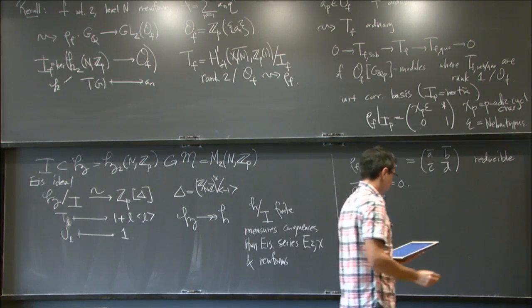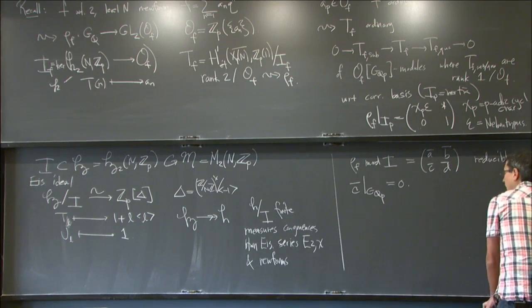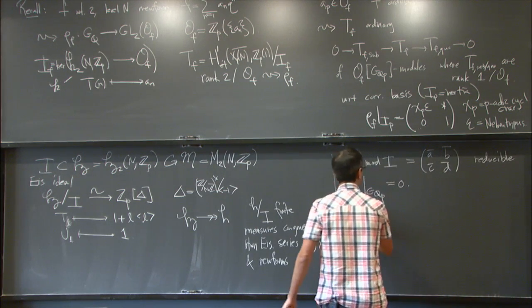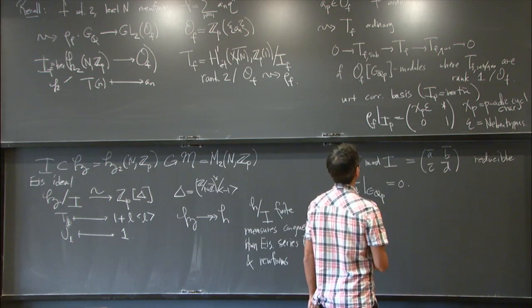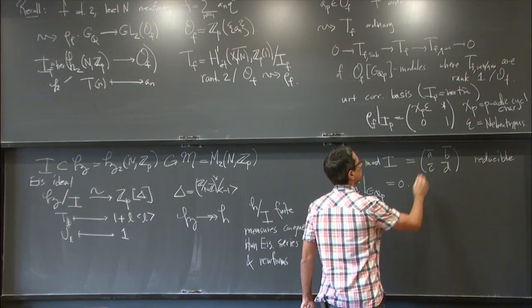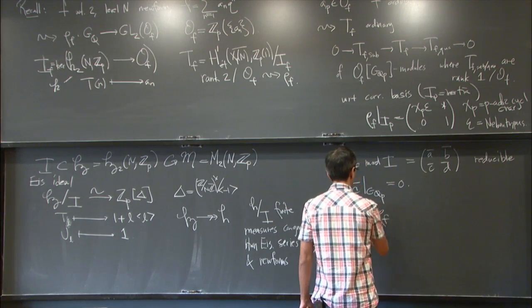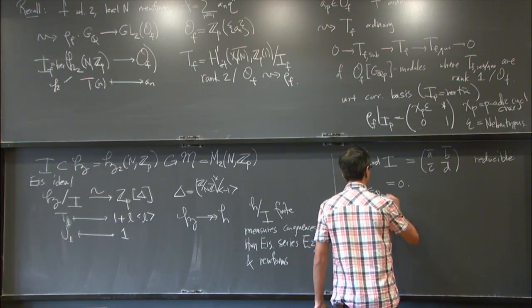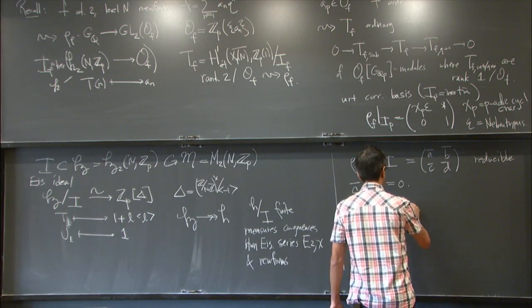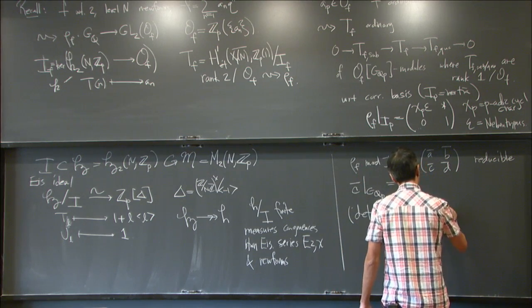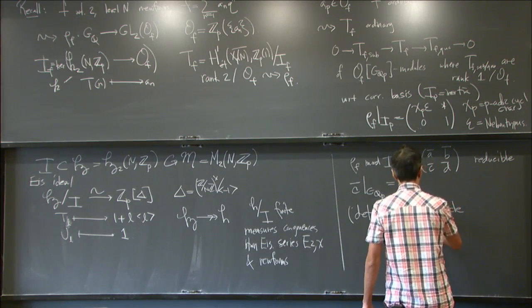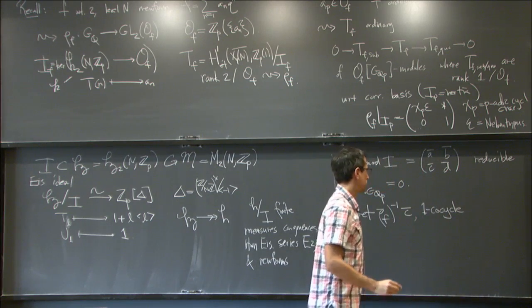So what happens is that, with the way I've chosen things, if I take the determinant of rho_F bar inverse times C bar, this actually becomes a 1-cocycle on G_Q.